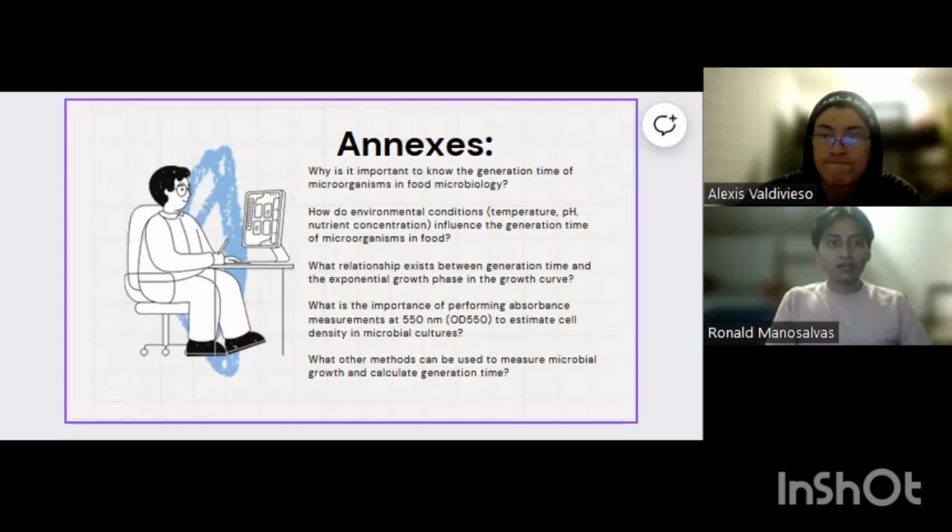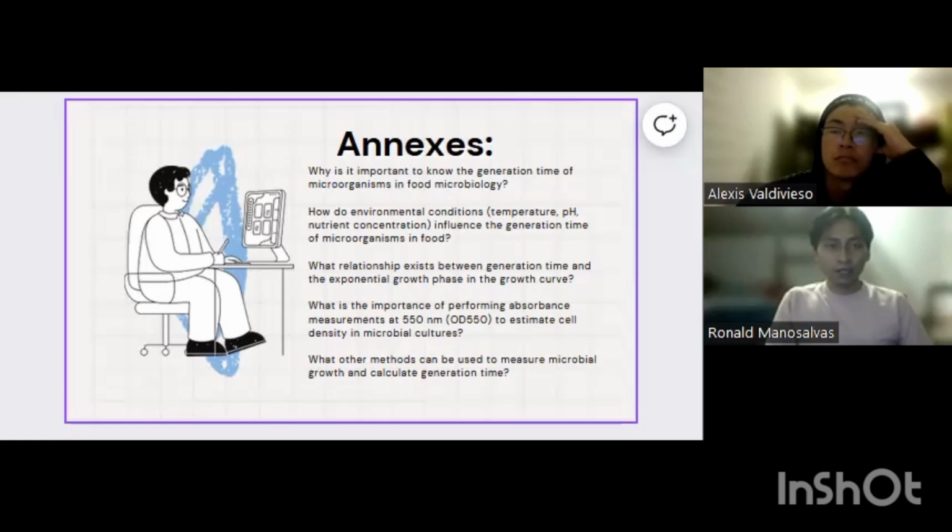There is a linear relationship between the measured absorbance and cell density in many types of microbiological cultures. This means that absorbance readings can easily be converted into an estimate of cell density, providing a quantitative way to assess cell growth.